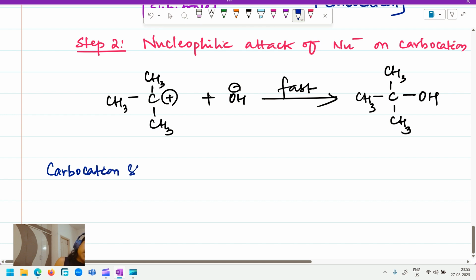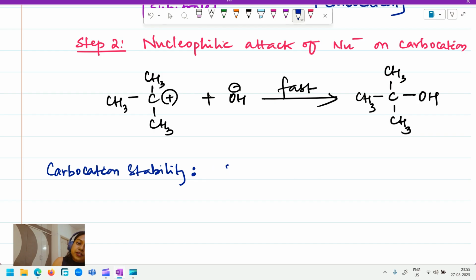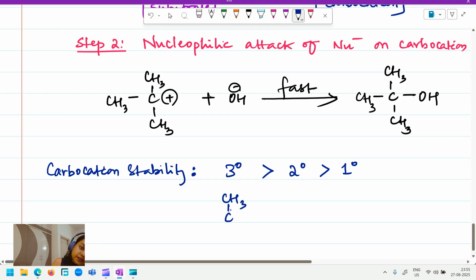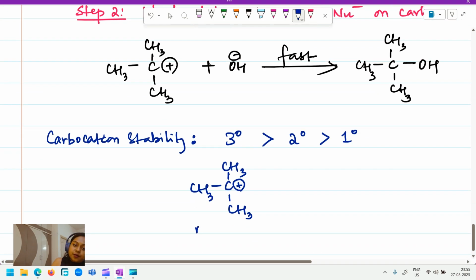Which carbocations are most stable? Tertiary carbocations are more stable, followed by secondary, and primary are the least stable. Carbocations where the carbon with the positive charge is attached to three other carbon atoms are super stable, the most stable.